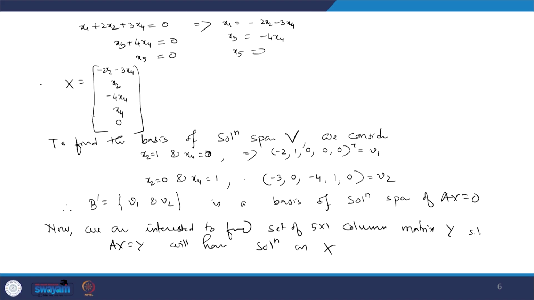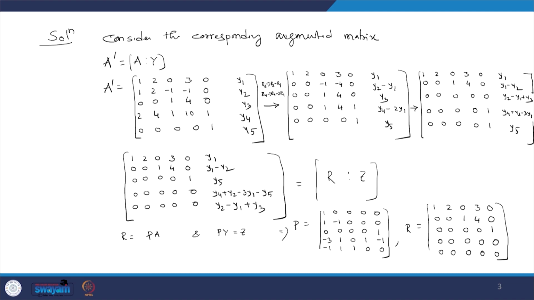Already we have seen the criteria for the existence of a solution. Since the row reduced echelon form of the given matrix A has 3 non-zero rows, in the augmented system y4 plus y2 minus 3 y1 minus y5 has to be equal to 0.